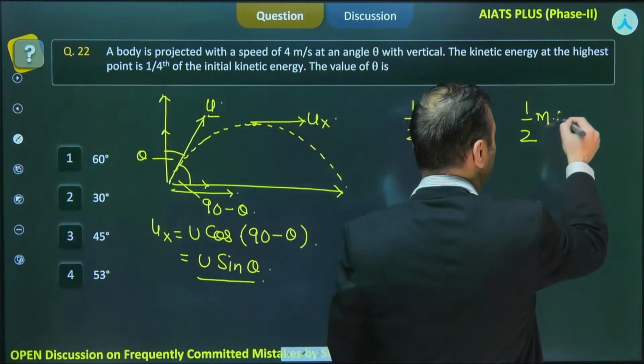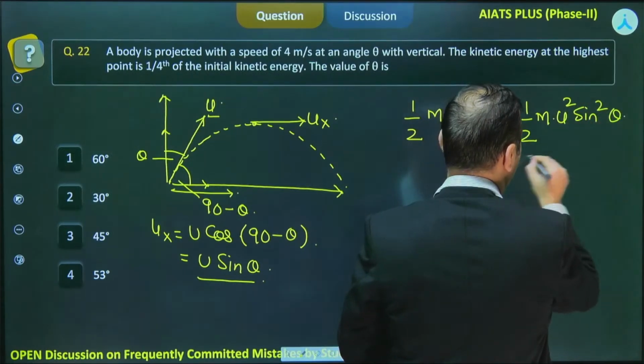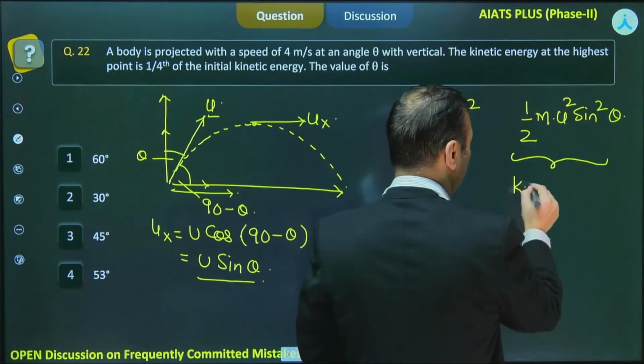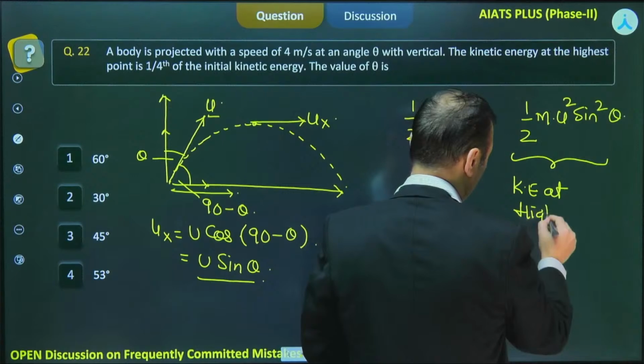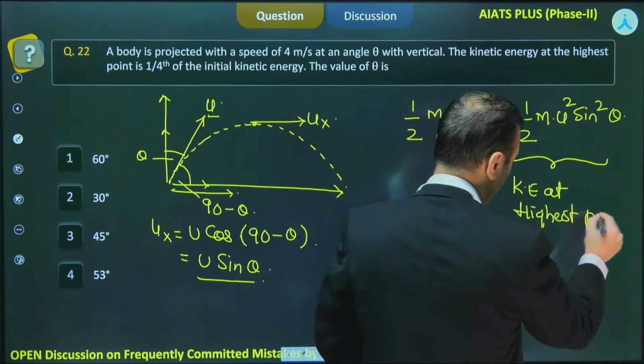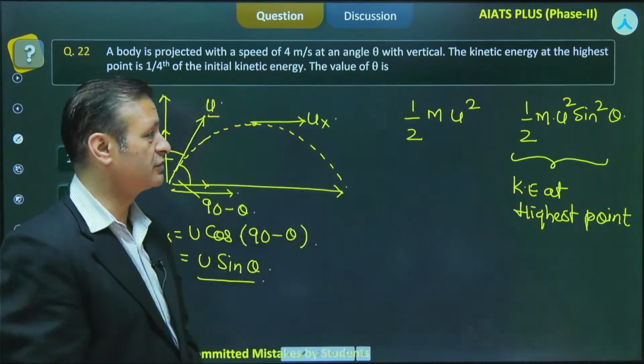So when you square it, this is the kinetic energy at the highest point.